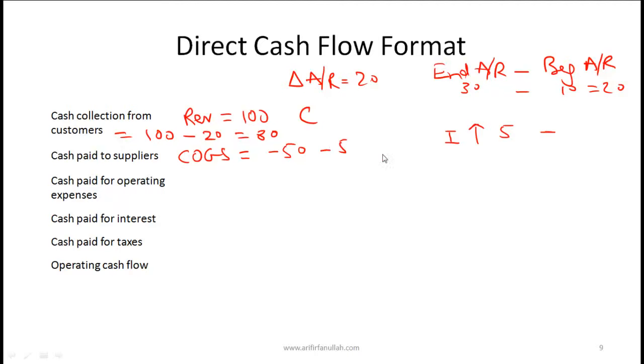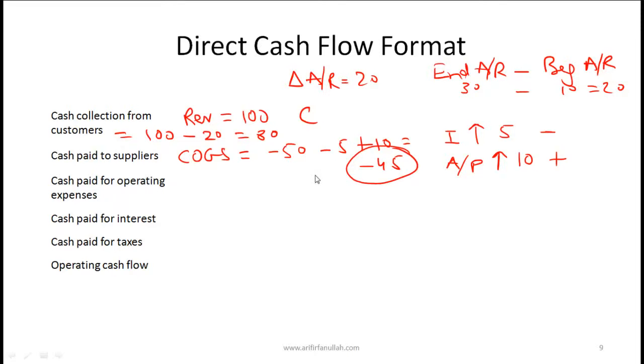And the other thing that we look at is accounts payable, since accounts payable is related to payments that we make to our suppliers. So let's say that accounts payable, which is a liability, went up by 10. An increase in liability is actually a positive, so that is a source of cash. So then we put plus 10. So the overall cash paid to suppliers is minus 50 minus 5, which is minus 55, plus 10 gives us minus 45.